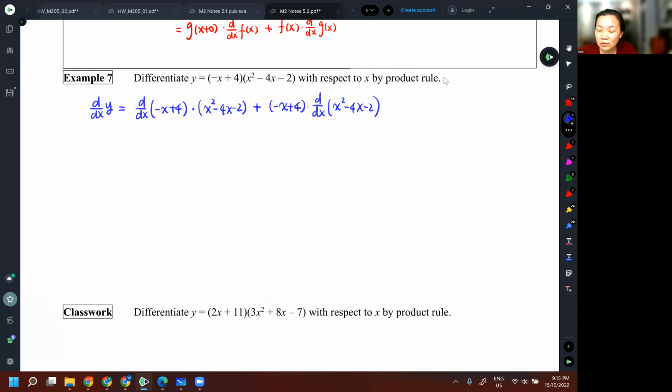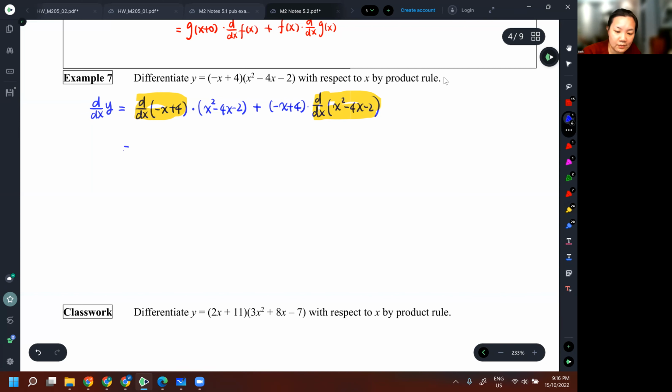Okay, so I will do differentiation twice, but separately in both terms. In the first term once, in the second term once. This is a derivative. This is another derivative. So I'll do them separately.